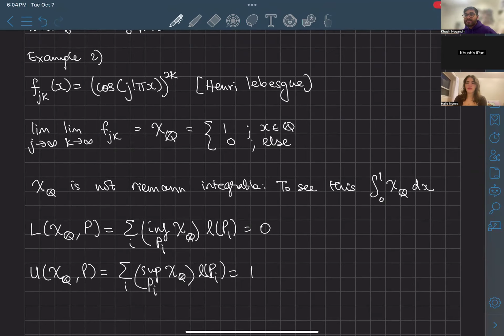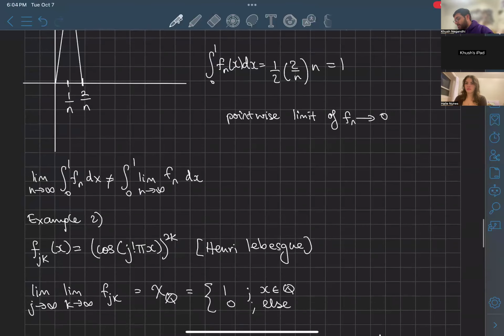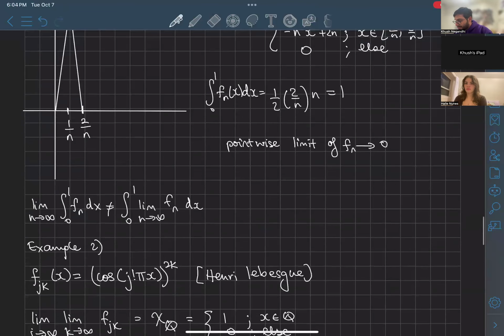All these functions remain bounded, and we still see that you can't interchange the limit with the integral. So we're gonna develop something that will allow us, in the case that the functions are bounded, to swap limits and integrals.